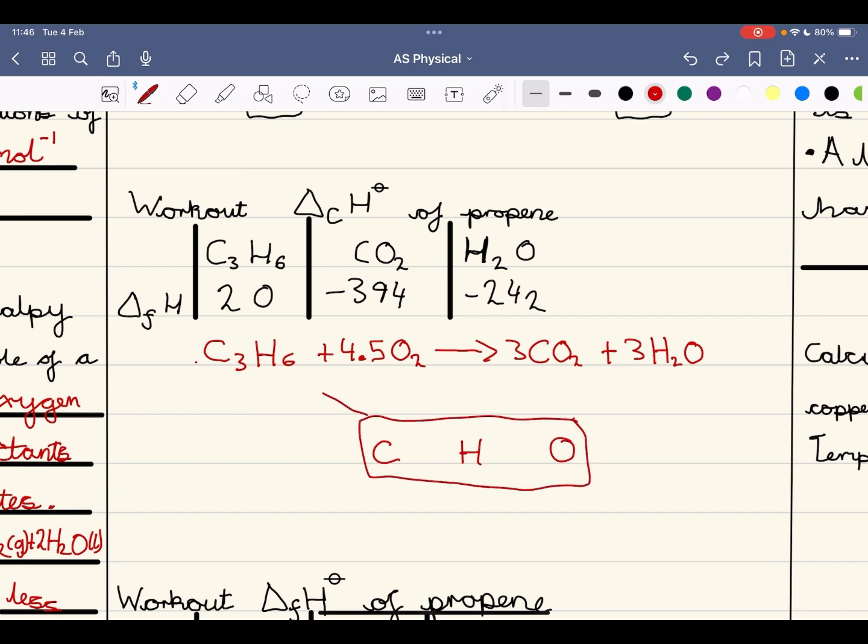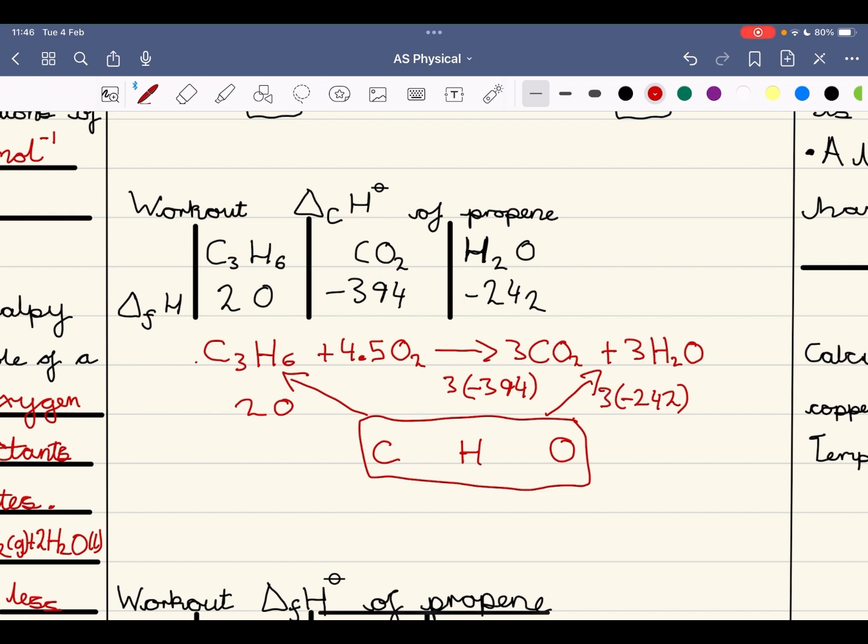So to form propene, we take in 20 joules of energy, and then for carbon dioxide, we release 394 joules of energy. However, we do this 3 times, so we times it by 3. And then for water, same thing again. So we release 242 joules of energy, but then we do this 3 times.